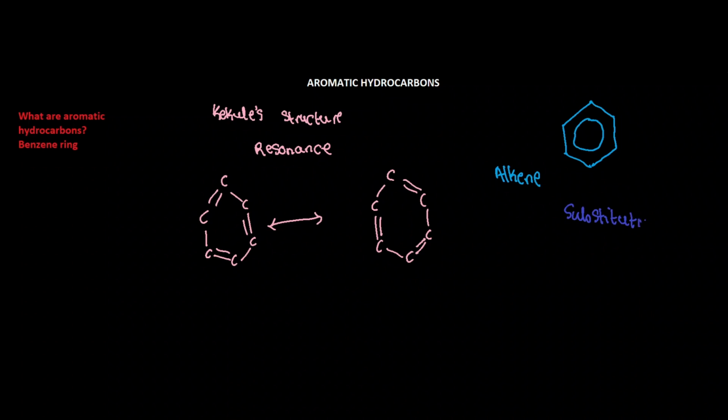Substitution reaction is a characteristic reaction of aromatic hydrocarbons, and benzene tends to undergo substitution reactions to form various derivatives of benzene. So this is just a general overview and a very basic introduction into aromatic hydrocarbons.